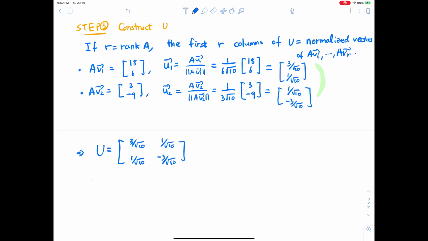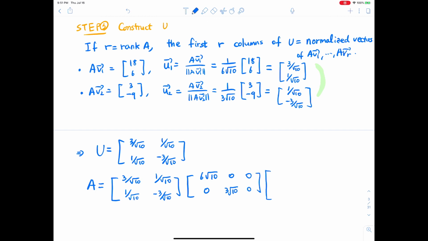So we can decompose A as U times sigma, which is given by 6 square root of 10, 0, 0, 0, 3 square root of 10, and 0, times V transpose, which is given by 1/3, 2/3, and 2/3, negative 2/3, negative 1/3, 2/3, 2/3, negative 2/3, and 1/3.